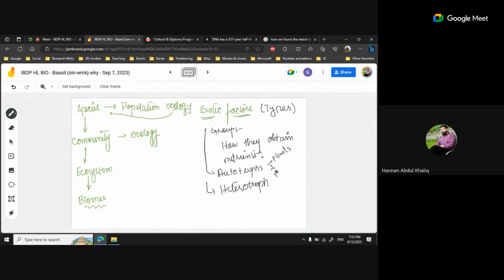Plankton is found at sea, right? Planktons basically are unicellular plants. They perform photosynthesis, but they are unicellular, not multicellular.